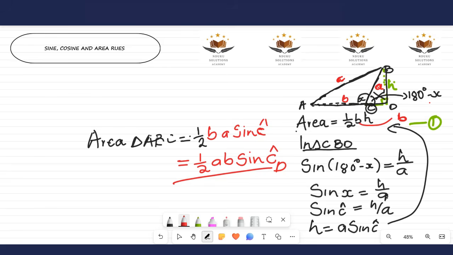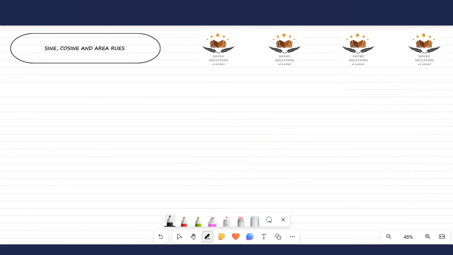But in most examinations, the examiner will tell you to prove that using the included angle as C. So you have to also remember the identities. Now that we are done with the area rule, we'll do problems later on. Let's go to the sine rule.